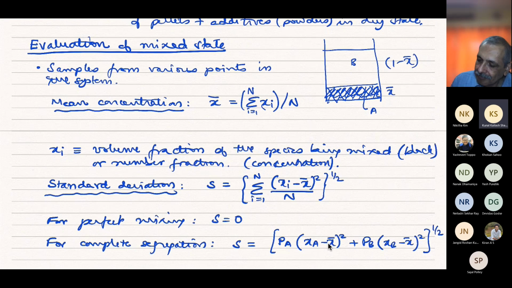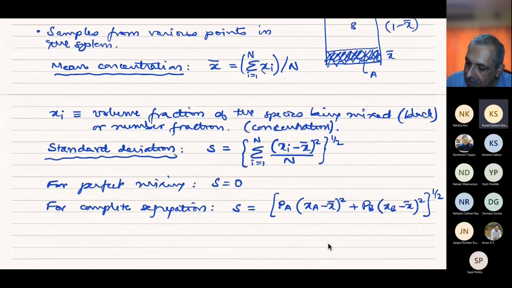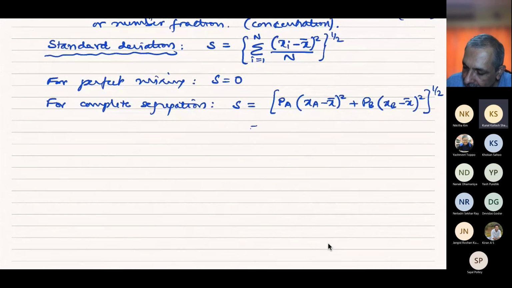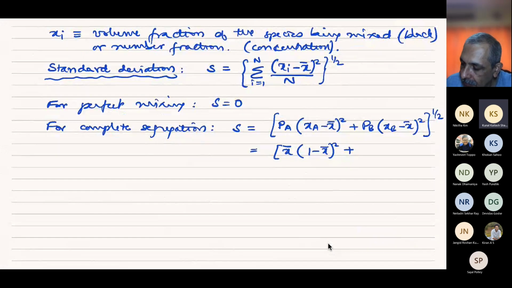So it's like the fraction of samples in A will be proportional to PA, and similarly for B. So you have two terms, and since the concentration is known, xA is just equal to 1, and the probability is x bar. So this is equal to x bar into 1 minus x bar whole squared, plus the probability of being in region B, which is 1 minus x bar, and the concentration is 0.